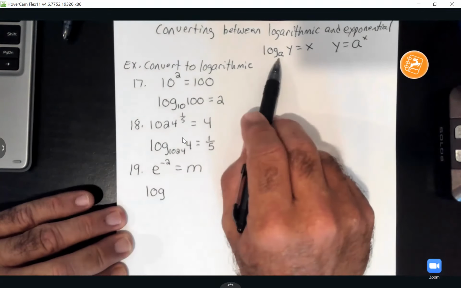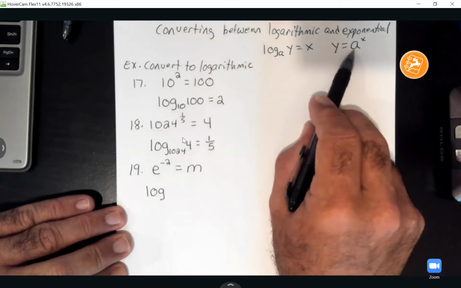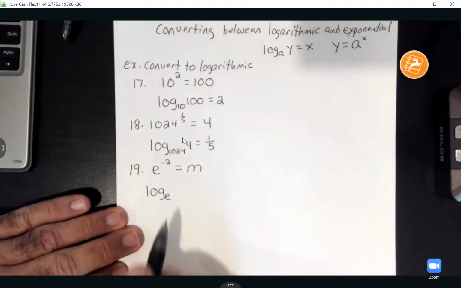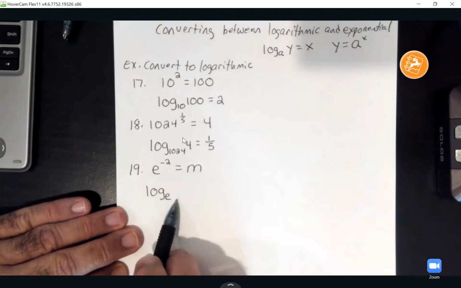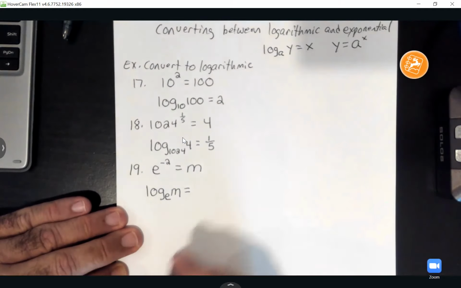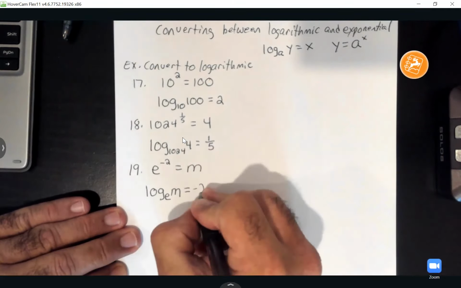All right, y'all. So remember, my A is the same as the E. It's the E. There you go. The result is the m. That's going to go next. And that equals that exponent, which was a -2.